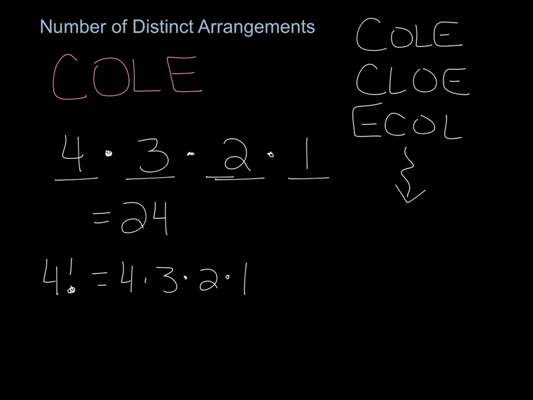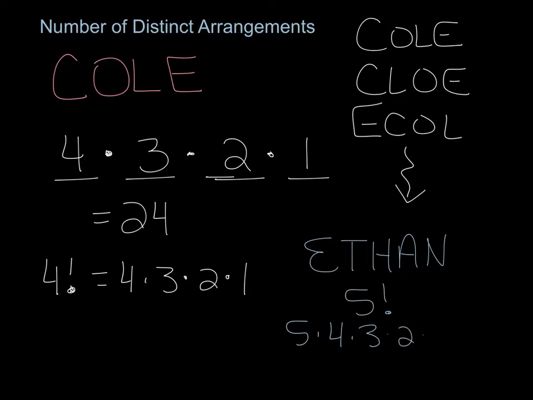So if I want to know how many different arrangements can be made from Ethan, well, that has 5 letters, so that would be 5 factorial. 5 times 4 times 3 times 2 times 1. That's 5 times 4 is 20, 20 times 3 is 60, 60 times 2 is 120. So there are 120 ways to write the word Ethan when you rearrange the letters.